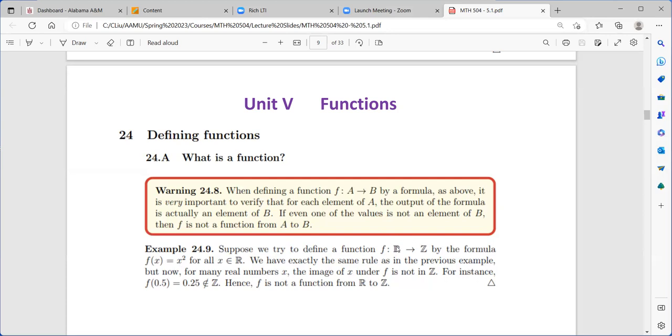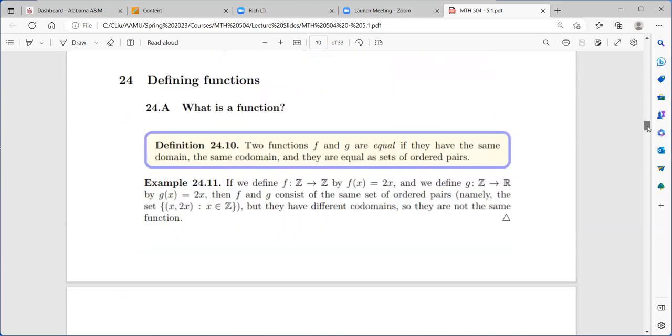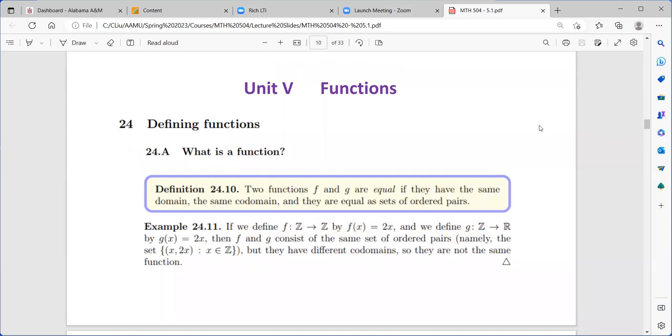It does not define a function from R to Z. So you need to change the codomain Z to R to define a function. So just be careful about these small things to make it precise. So we have to make everything precise.